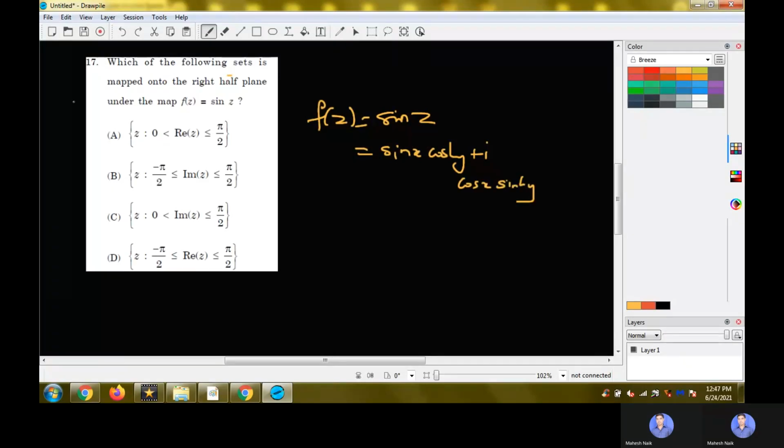Now, when it comes to z which has the real part x between 0 and pi by 2, which is the first quadrant, we know that sine and cos will be positive if x is between 0 and 90. And hyperbolic functions are always positive. So accordingly, this particular function will be mapped into the first quadrant.